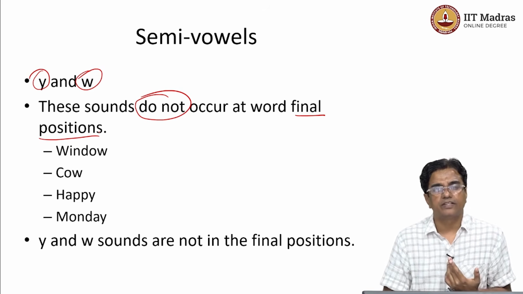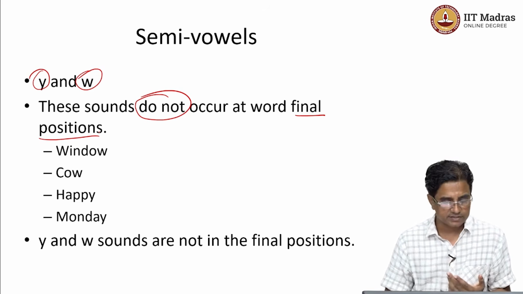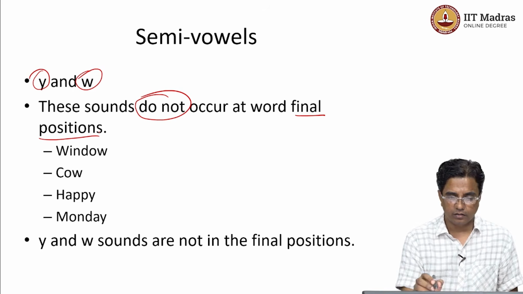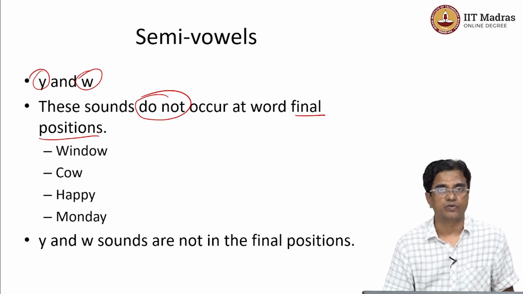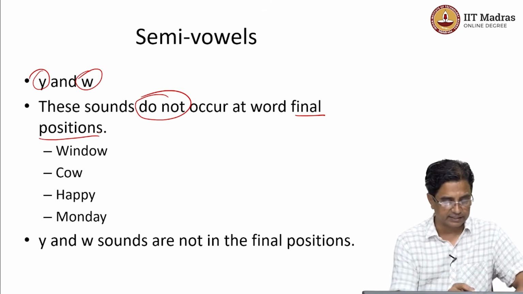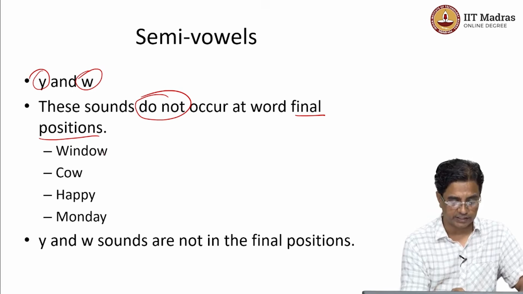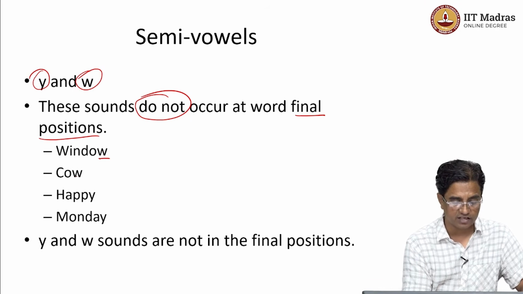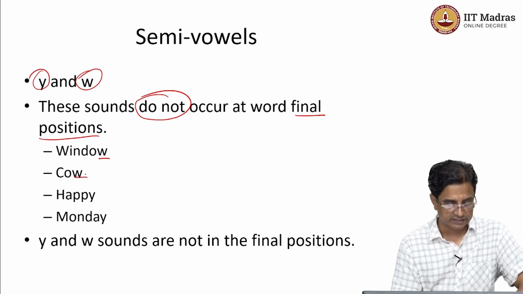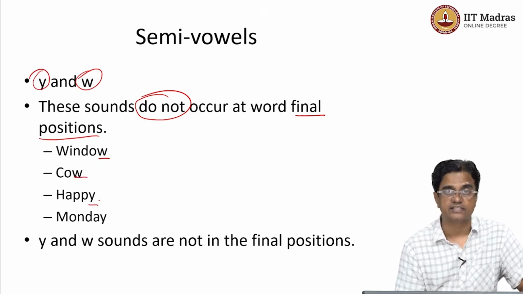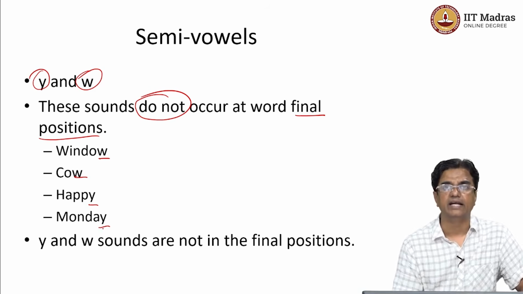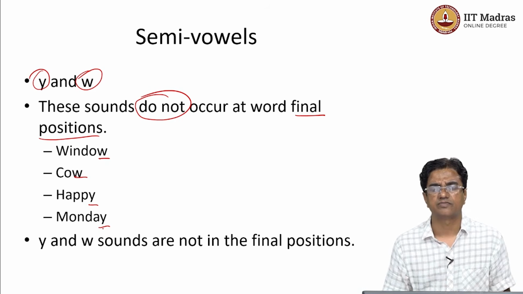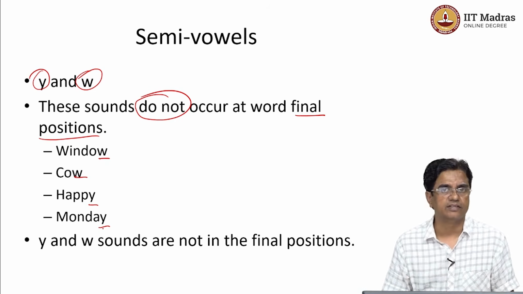Somebody can come up with counterexamples to this statement that semi-vowels do not occur in a final position. Somebody can say, look at this word, window. There is a W at the end of this. Cow, there is a W at the end of it. Happy, there is a Y at the end of it. There is a Y in Monday. There are many words where you have a word ending with Y.